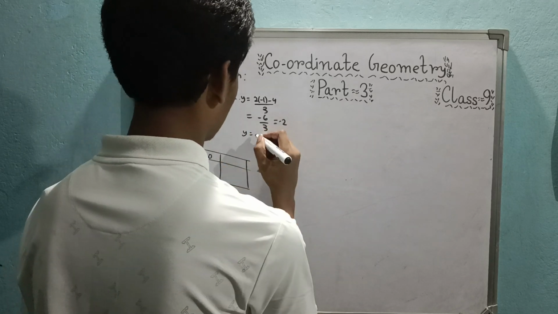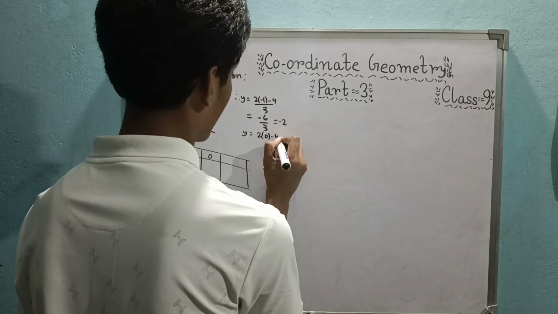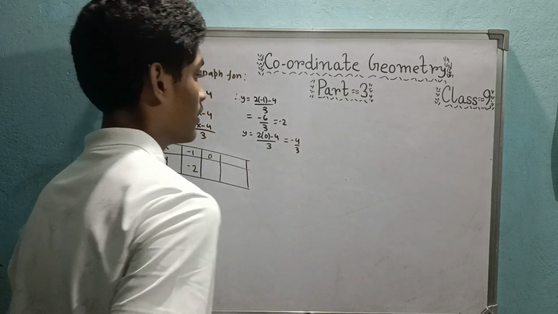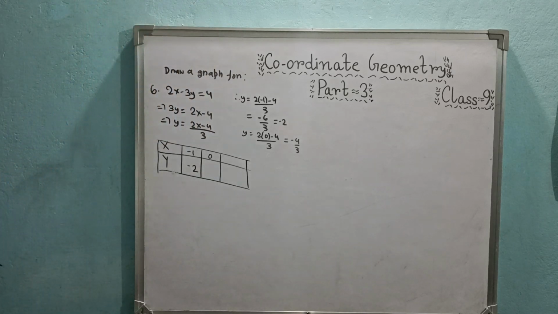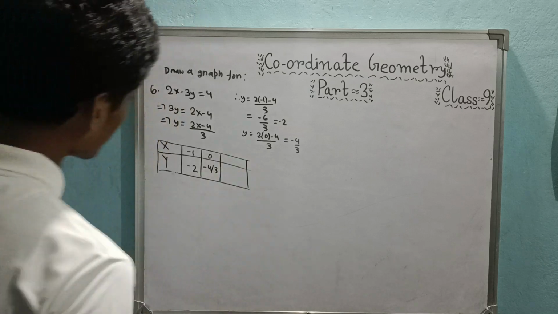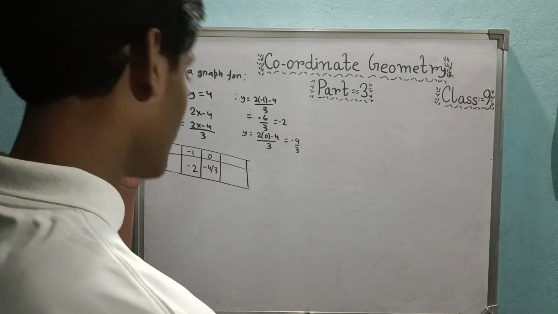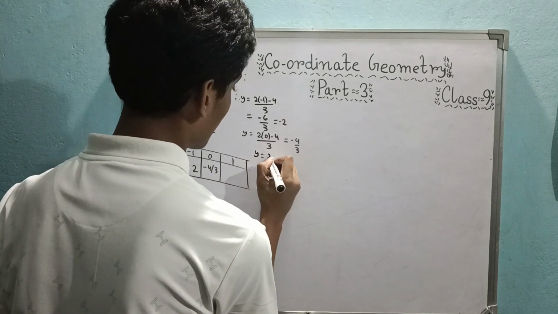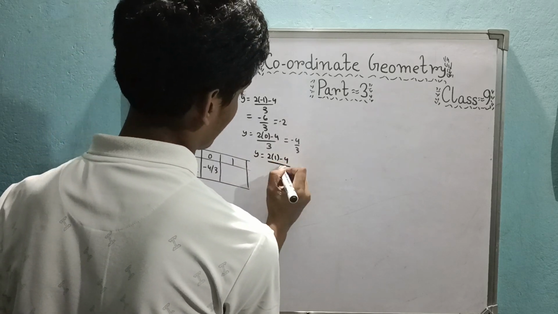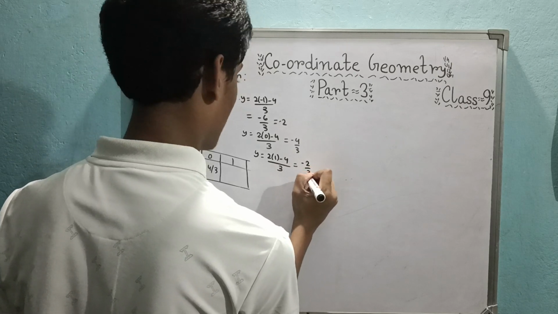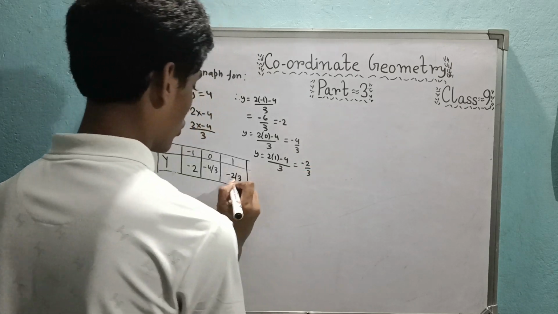Then y equal to (2 into 0 minus 4) by 3 equal to -4 by 3. Damn, that's a really confusing point. Then, if I take x equal to 1, y will be (2 into 1 minus 4) by 3, that is -2 by 3. What are these things now, you'll be saying?